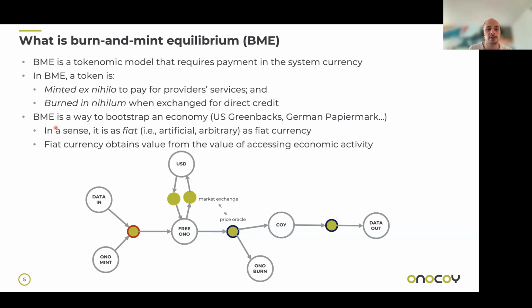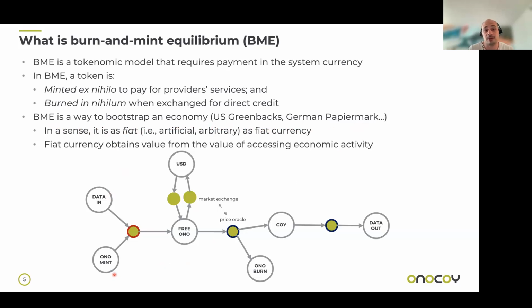In a sense, BME is nothing really new. This concept has been around since history started being recorded, and it's a way to bootstrap an economy, right? Examples are U.S. greenbacks in the Civil War, the German Papiermark in World War I. These are just ways to basically incentivize people to do a certain thing that they would otherwise not be doing.